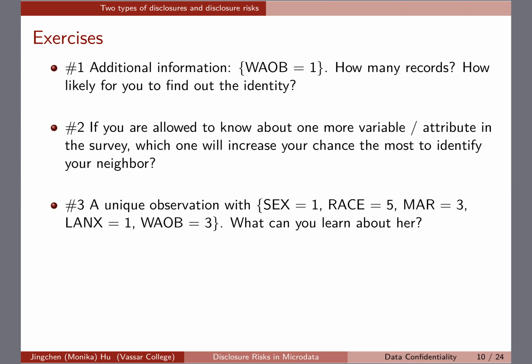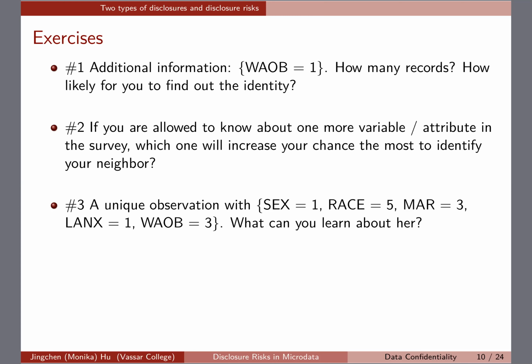That's the first exercise. Second one, I think Isaac sort of helped us answer that. If you're allowed to know about only one more variable or attribute in the survey, which one will increase your chance the most to identify the person? Earlier, Isaac wrote a function to produce what would be the next variable we should know in order to have the highest chance to find out.